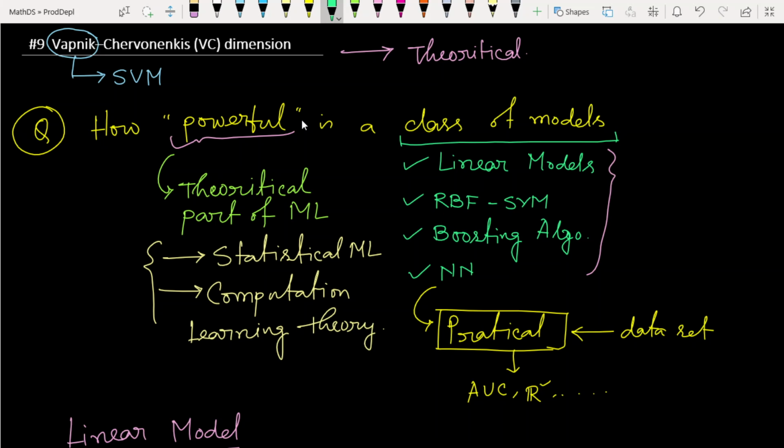I am just giving you some flavor of how these VC dimensions actually work in the real world, and how to justify a theoretical model, how good it is. You have to know huge mathematics to understand this concept.